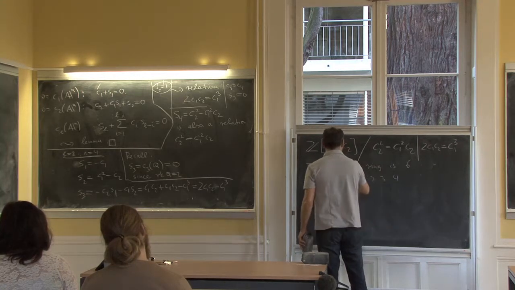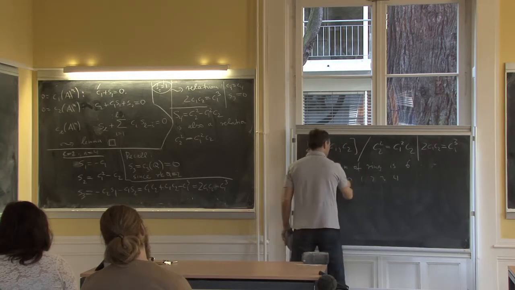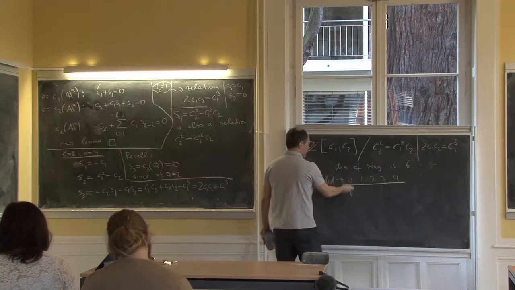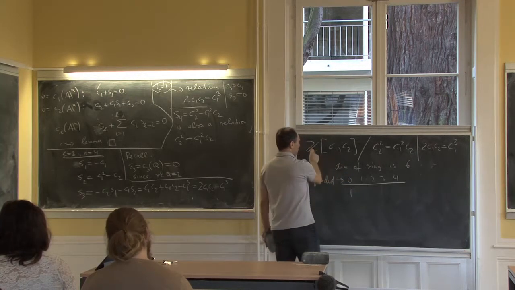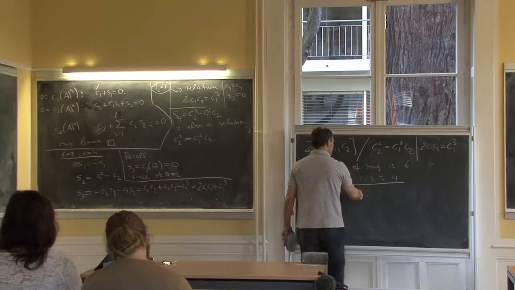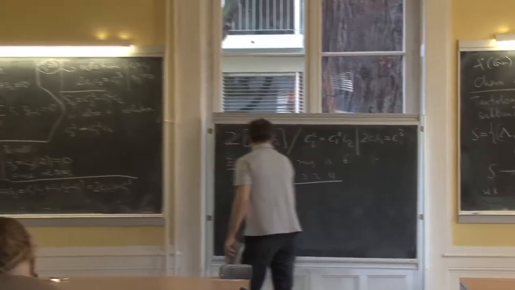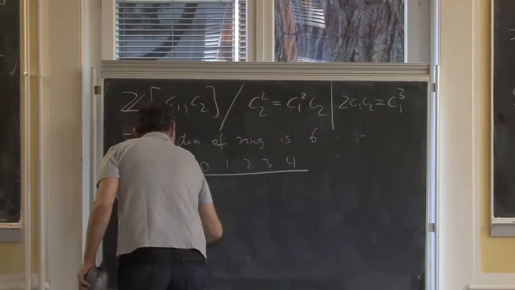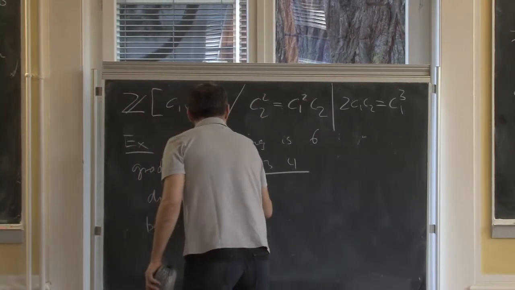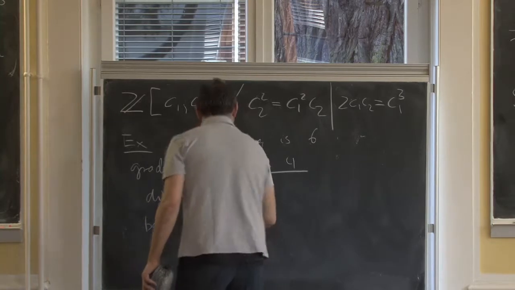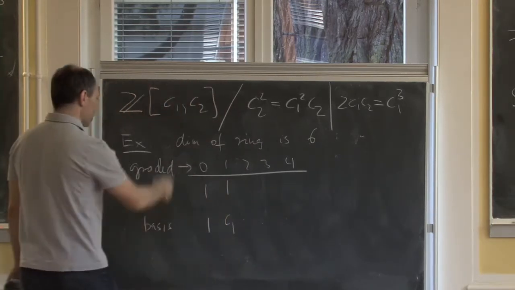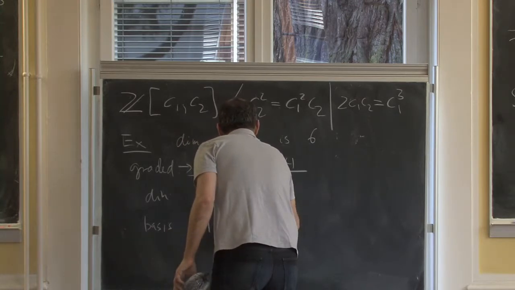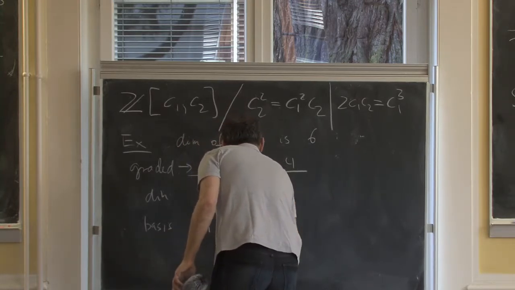In degree 0, we have just the element 1 of this ring, with dimension 1. In degree 1, the dimension is 1, given by C1. And in degree 2, the dimension is 2, given by C1 squared and C2.